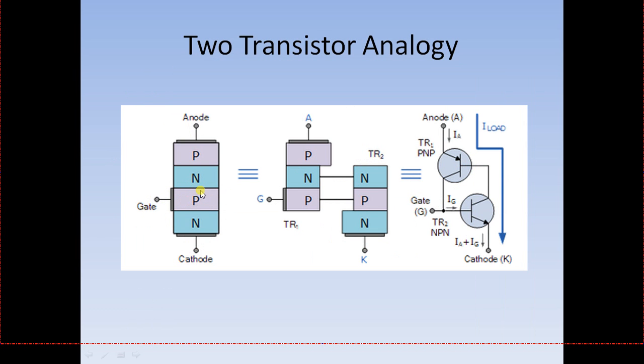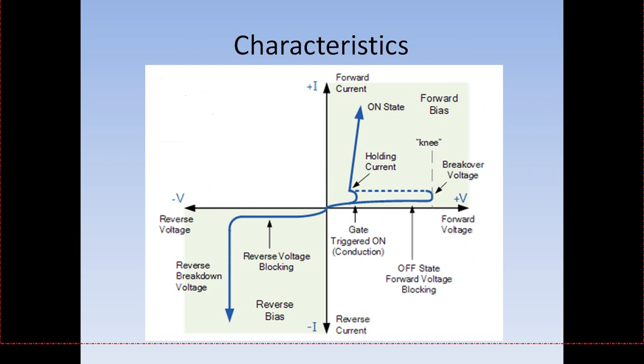Once this junction becomes forward biased, J1, J2, J3 all become forward biased and current flows from anode to cathode across these three junctions. Okay, let us see what happens. Now we can see forward conduction as this. This is the forward conduction.